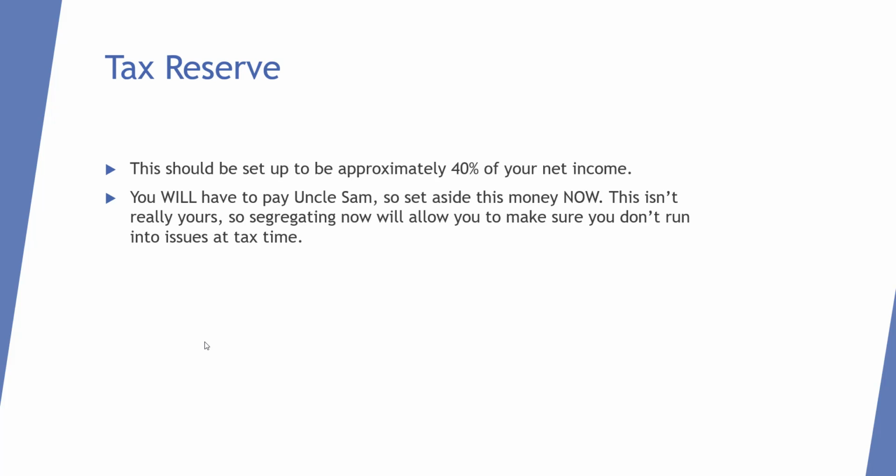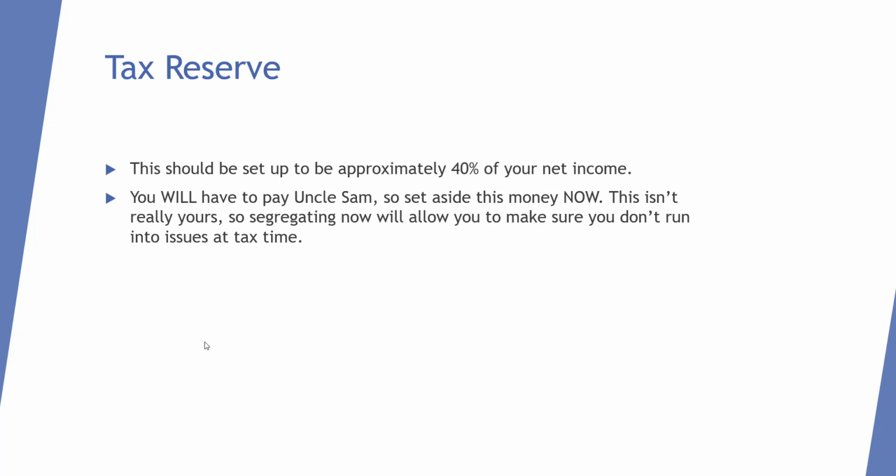Now, that accounts for federal taxes and state taxes, and so that kind of gives you a cushion there. Now, depending on your state and your federal tax level, this may not be enough, or this may be in excess. 40% is kind of the general rule for this, and the reason being is if you have 40% set aside, you for the most part are going to be covering most of the higher end tax brackets, with the exception of maybe some of the higher state income tax states.